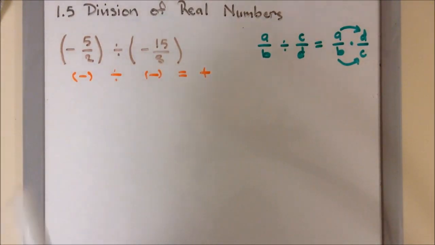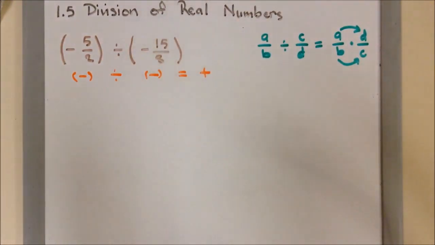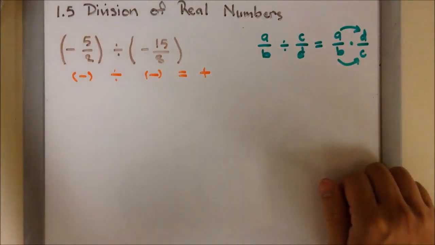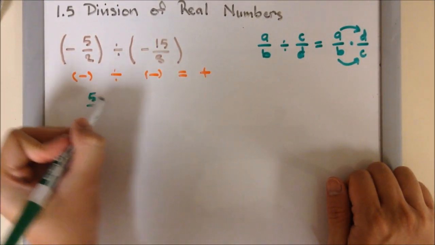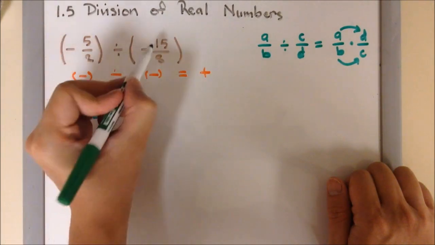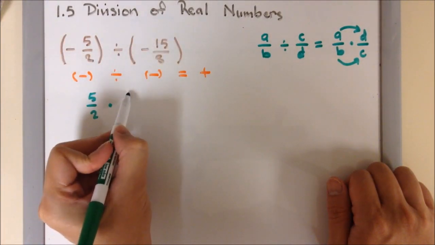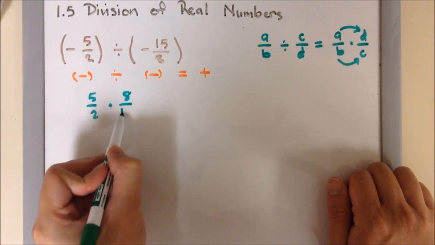So, with this example, I'm not going to worry about the sign. I'm just going to write down the numbers only. So, 5 over 2 times, I'm going to flip the second fraction, so 8 over 15.